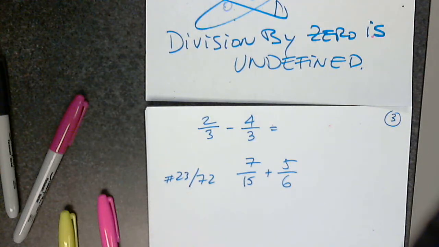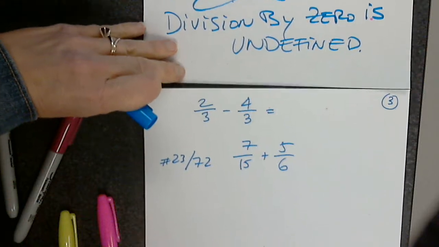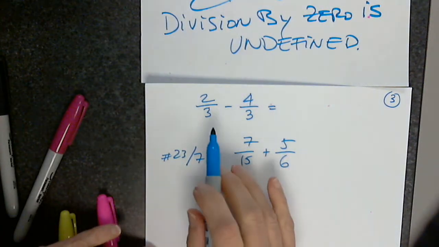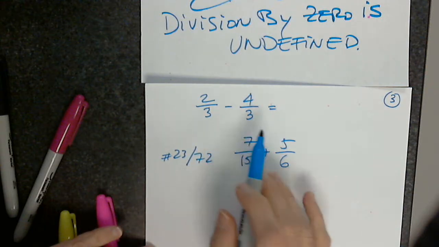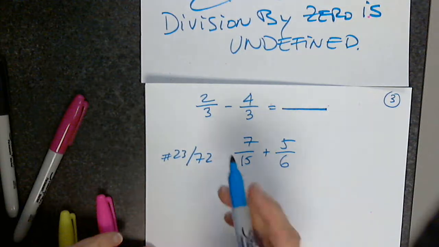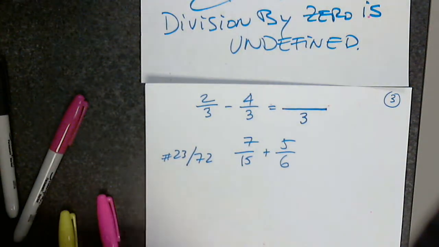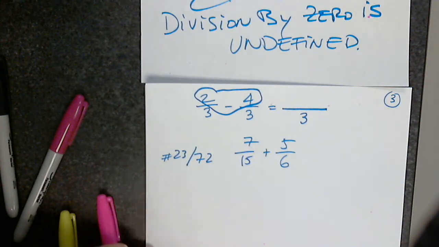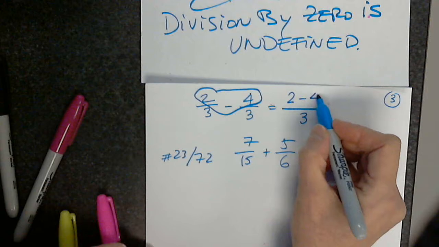Good. So let's take a look. The two fractions have the same denominator. I'm going to write a long fraction line. I'm going to copy the least common denominator, which is the same one. And then I'm going to perform this operation that I'm going to write, 2 minus 4 at the top.